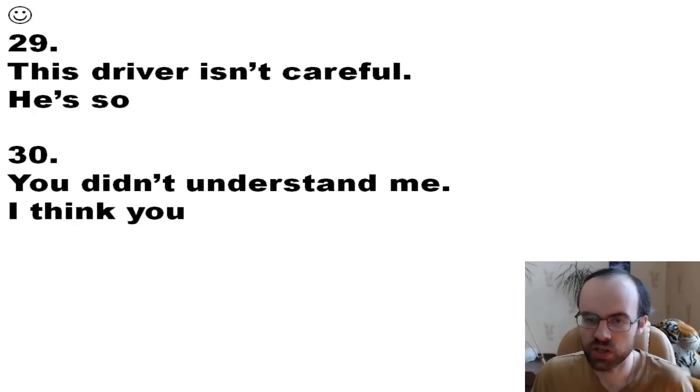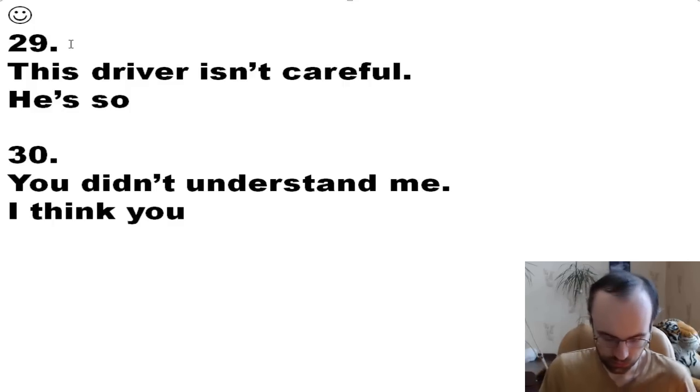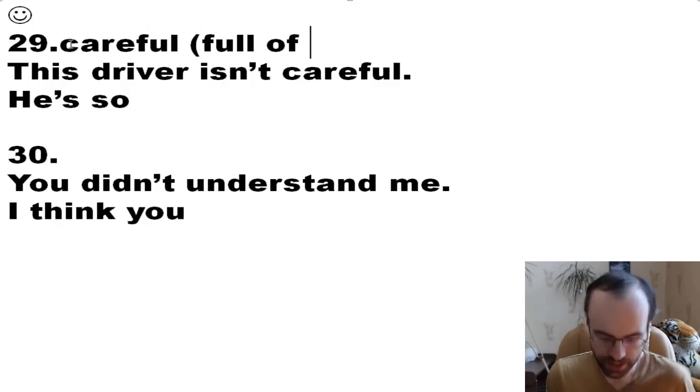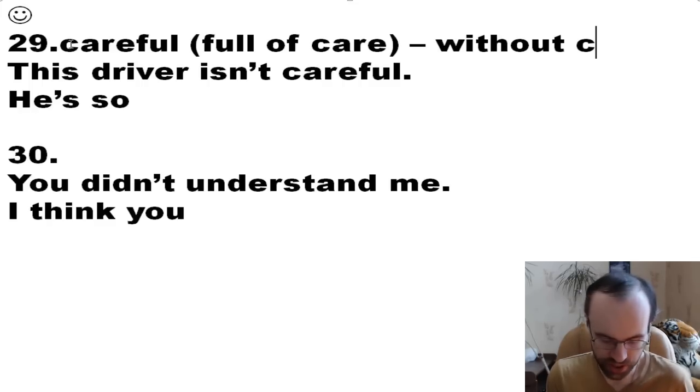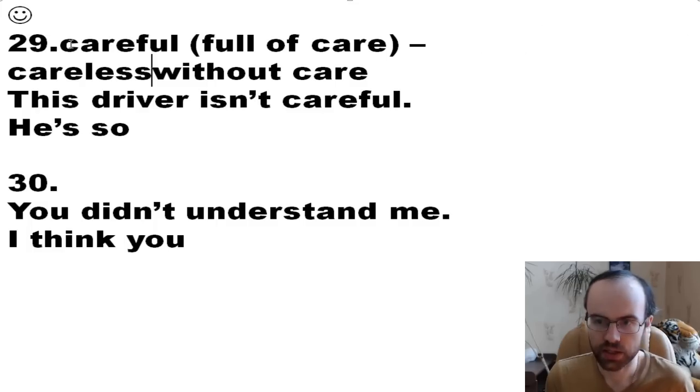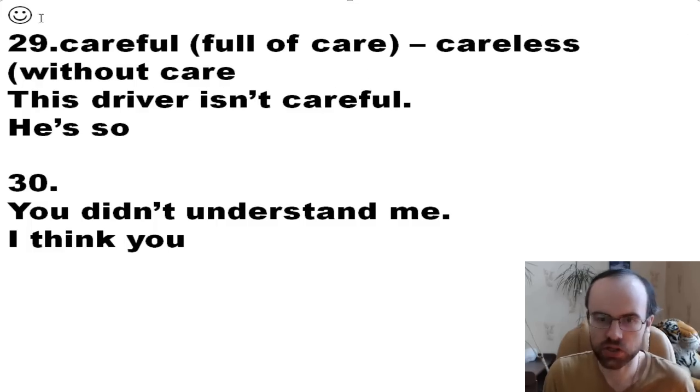This driver isn't careful. He is so careful or full of care. Full of care. The opposite word is, so what will mean without care? Without care. What will mean? Careless. Careless. Without care. Full.